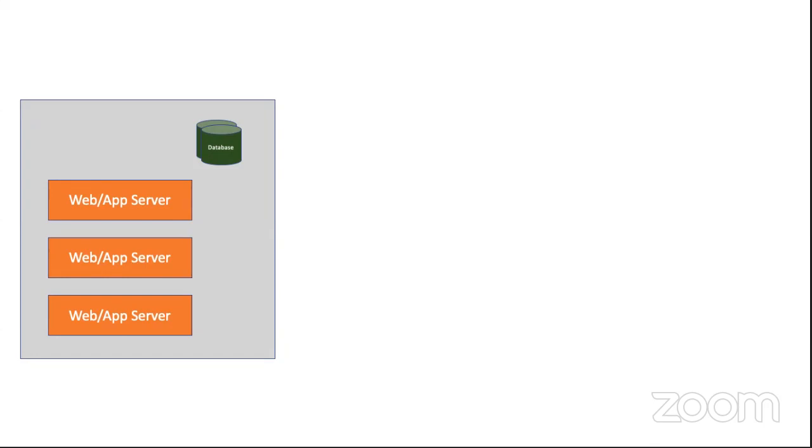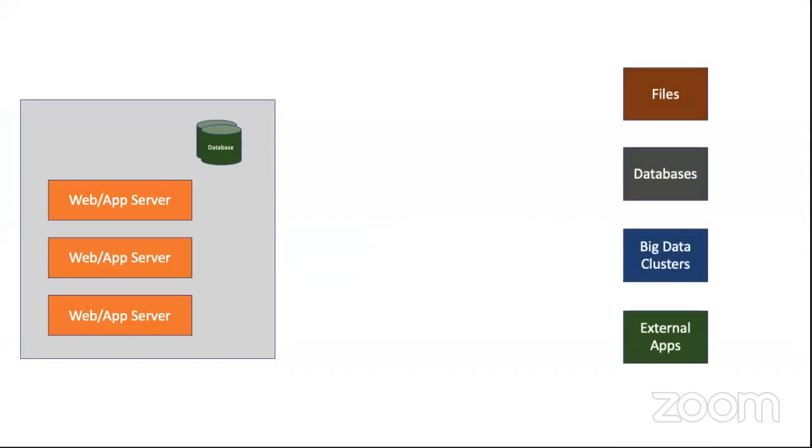So for a simple e-commerce platform, irrespective of the size, you will have at least two data sources. One is the database, the second one is web or app server logs, from which you should be able to capture the data, and then the data will go to these targets. The targets can be files, databases, big data clusters, data warehouses, external applications, etc.